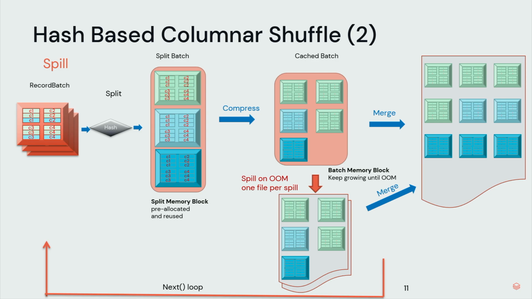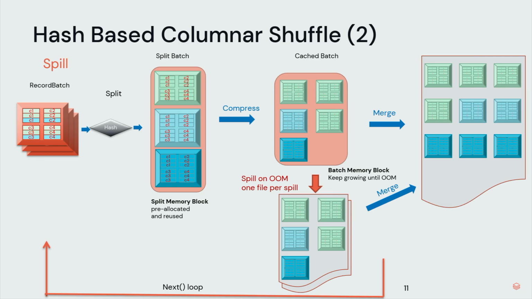When the spill happens, after the split, we get a reducer partition, the record batches in memory, and then we compress the record batches and save them into another block of memory, a cached batch memory.